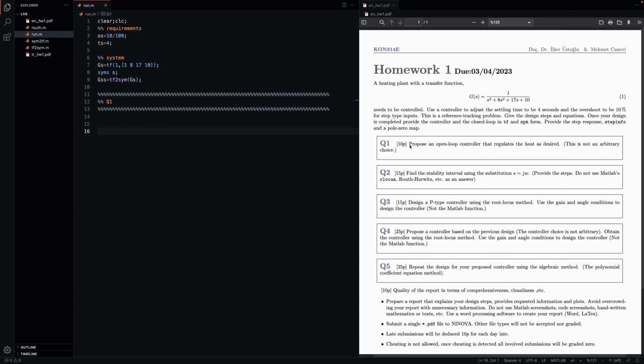Well, the first question was to design or propose an open loop controller that regulates the heat as desired. And here, this as desired part is kind of the thing that you had to think about. Now, there's already an established open loop controller design strategy. The open loop is we have a controller and the transfer function itself, and that's basically it.